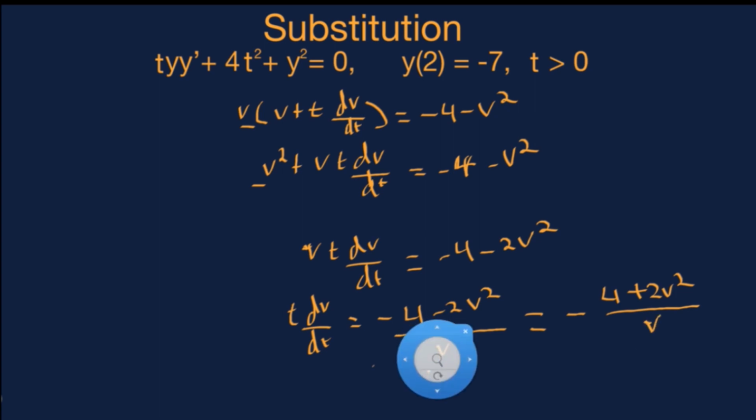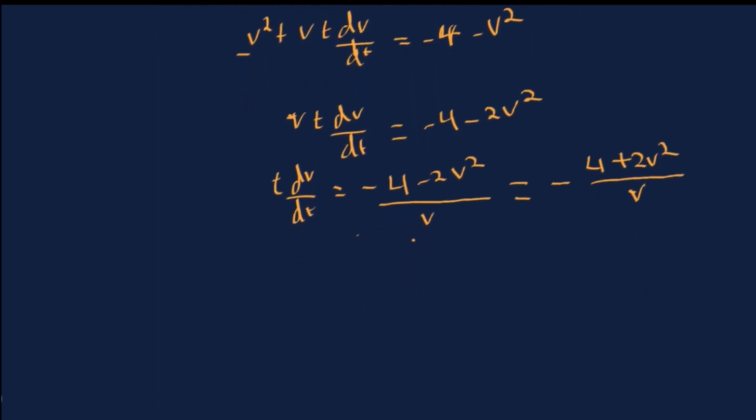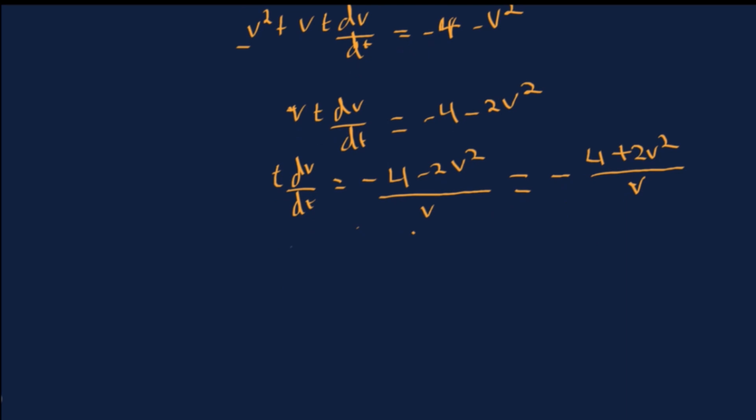And finally, when we complete the separation, on the left side we get v over 4 plus 2v squared dv is equal to negative 1 over t dt.